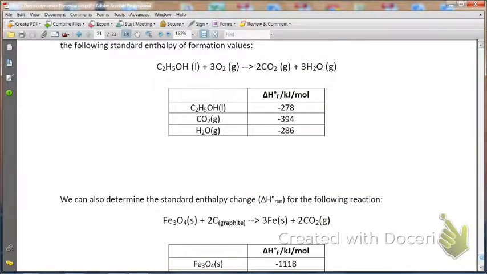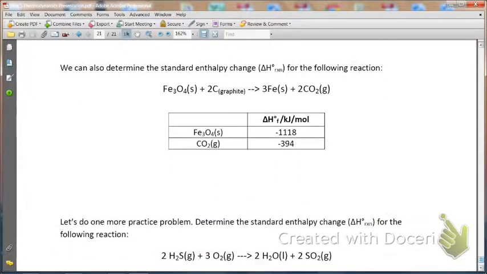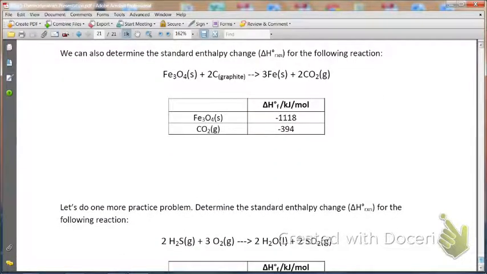Alright, let's go to our next one here. So here's our chemical reaction. Again, we want to find the delta H for this reaction, the amount of enthalpy change. And we're going to use the values that are given to us. Those are the heat of formation values. So we'd start with our products first. And you'll notice that iron is our first product.